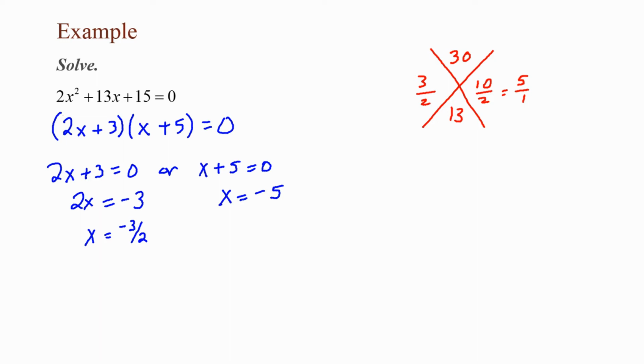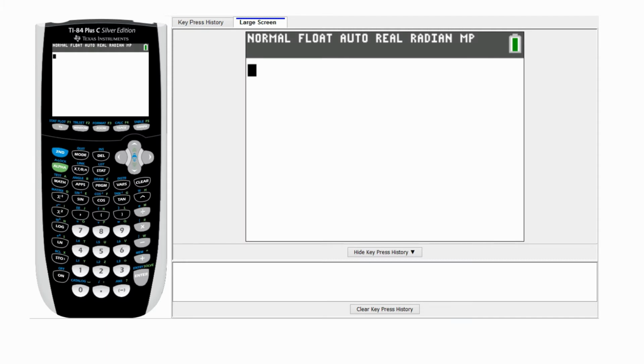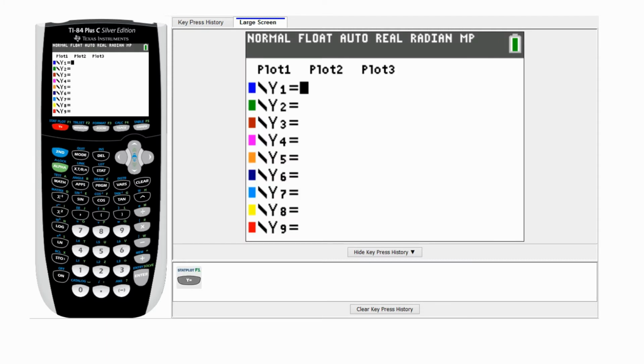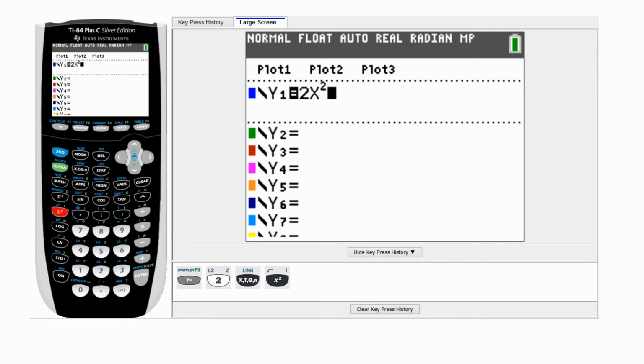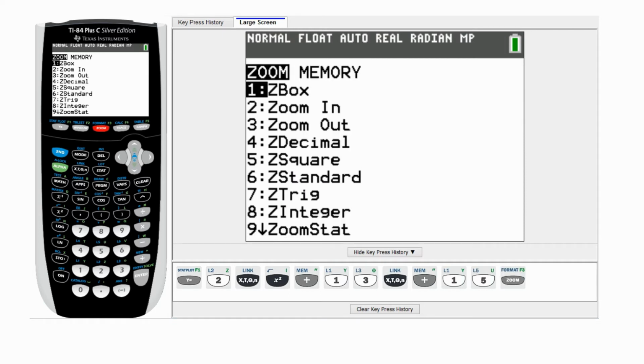So going to my calculator to check my work, we want to go to y equals, and there we want to type in our function 2x squared plus 13x plus 15. I'm going to go to Zoom and choose the standard plot 6.